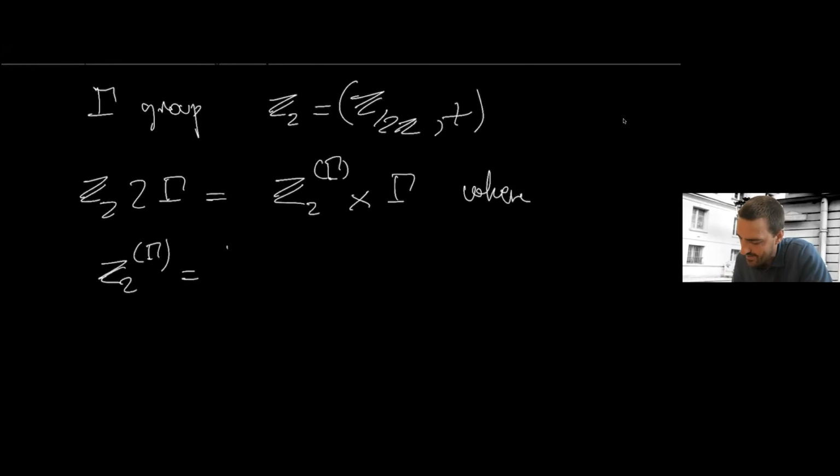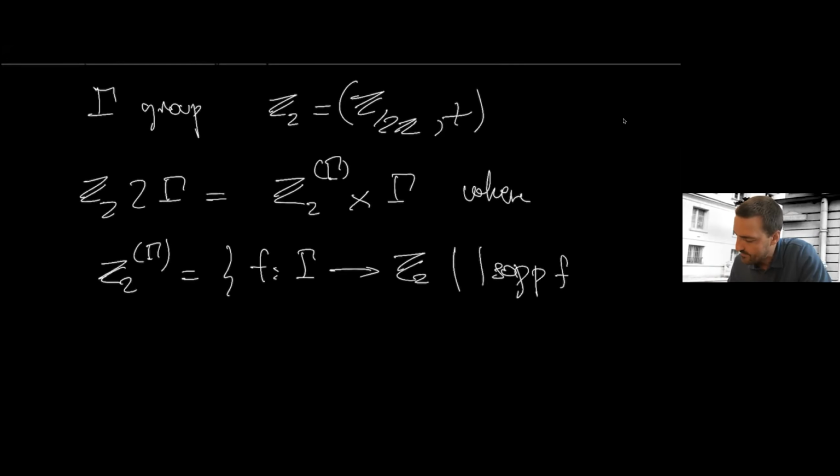This is just the set of functions from gamma into Z2 that have finite support. By finite support, I mean that the function takes the value 1 only finitely many times. It's not the identity for only finitely many elements.